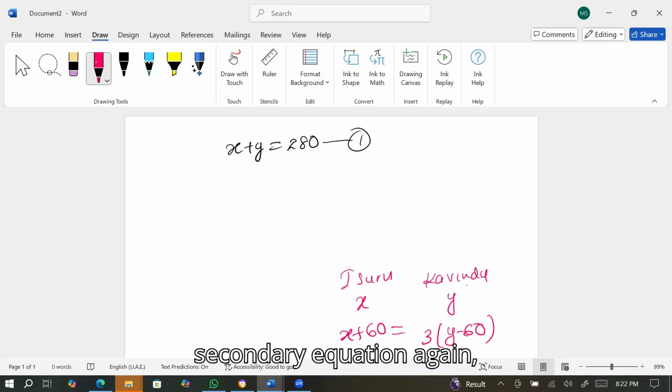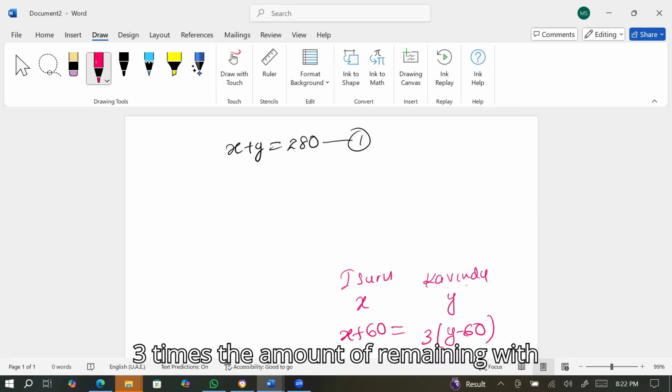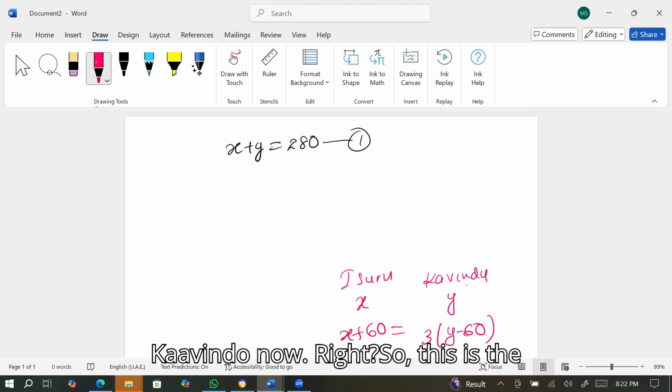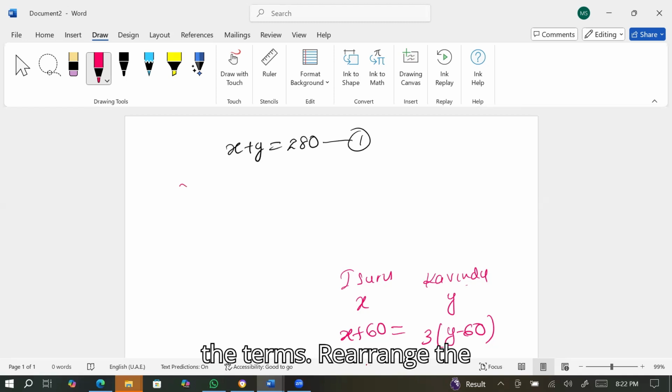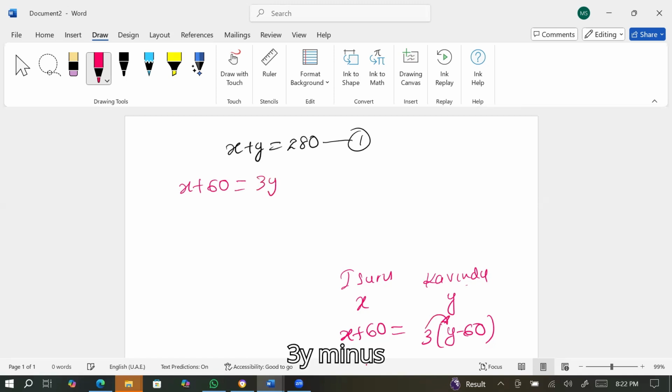Is it clear what happened for the second equation? When Kavindu gave 60 rupees to Isuru, Isuru has 3 times the amount remaining with Kavindu now, right? So this is the second equation. We can rearrange the terms: 3 times y, 3y minus 180, 3 times 60.